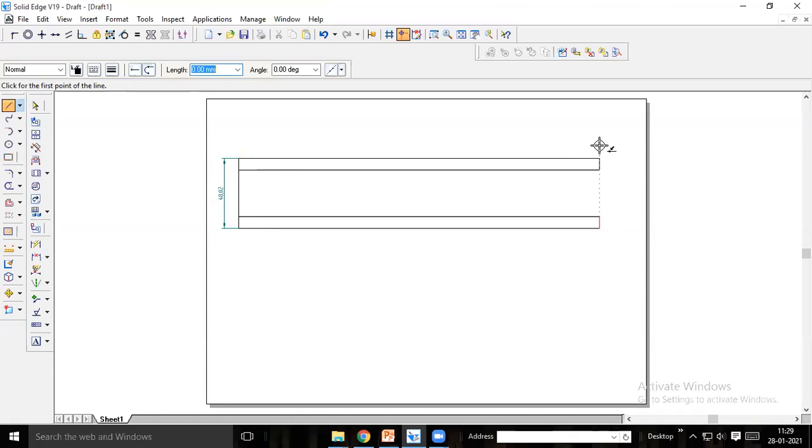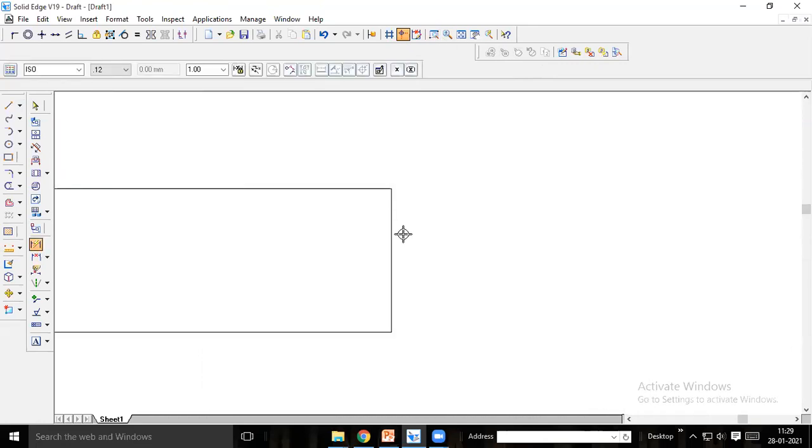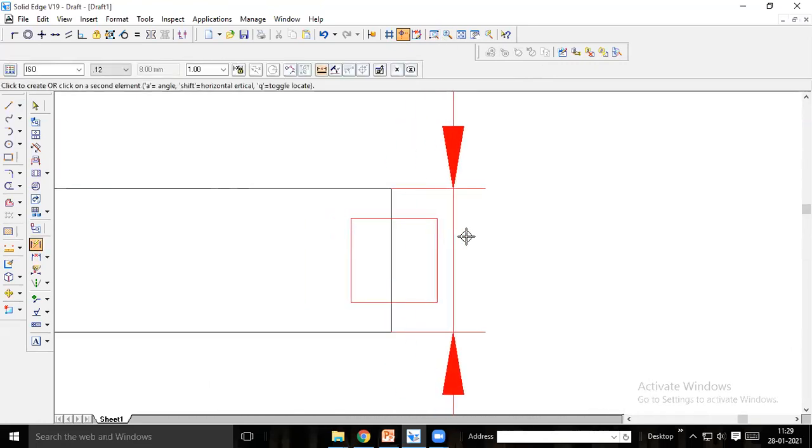First you draw a horizontal line, take h distance. H distance is equal to 48.02. With the help of the formula you calculate, at h distance you draw one more line. Then again you take h by 6. Here in the exam you should mention this is h by 6, this is h, like that.